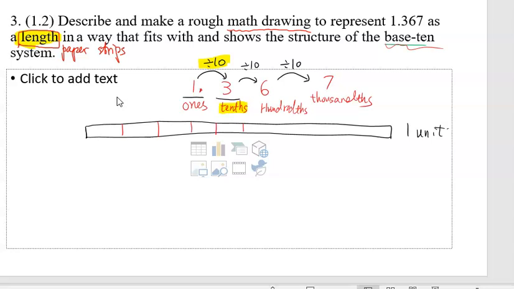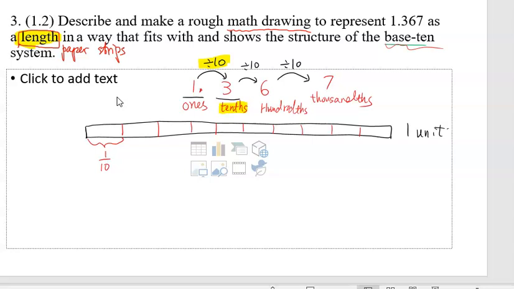Again, it's probably better to use rulers so that we make the shape regular. And same thing here, I'm going to make 1, 2, 3, 4, 5. So now we have 10 equal parts: 1, 2, 3, 4, 5, 6, 7, 8, 9, 10. Each of them is going to be 1/10.